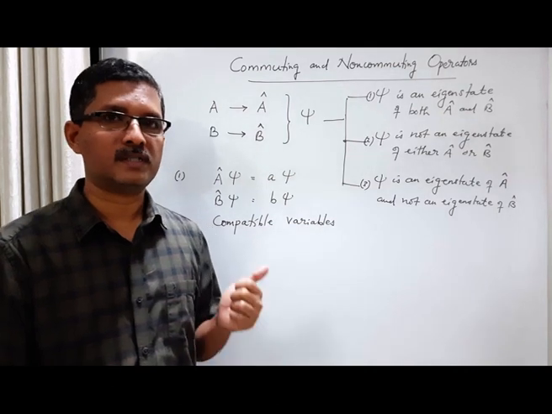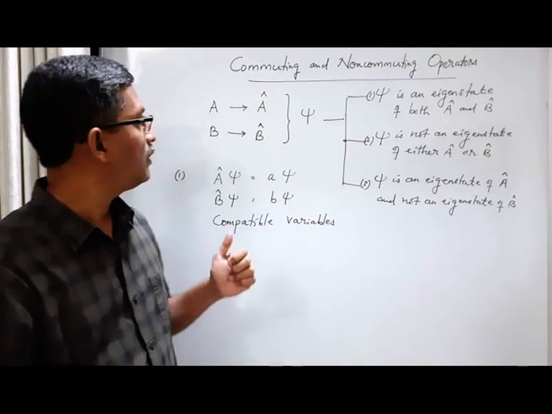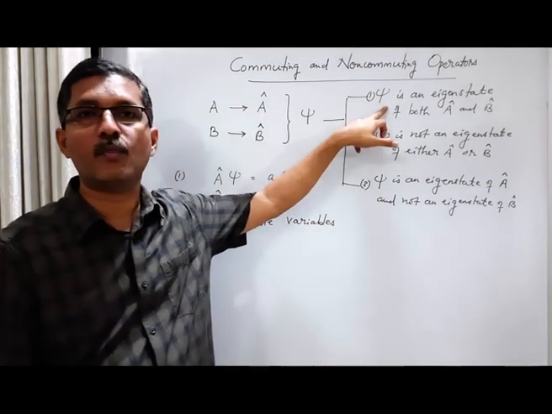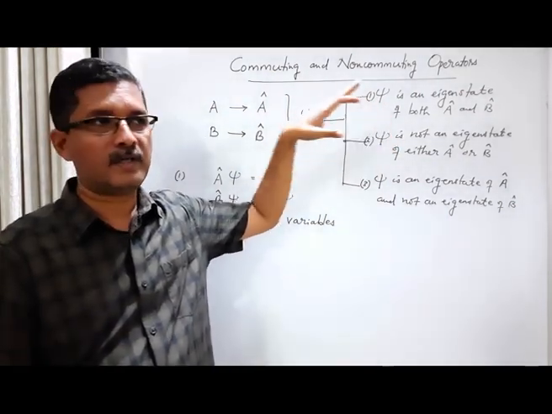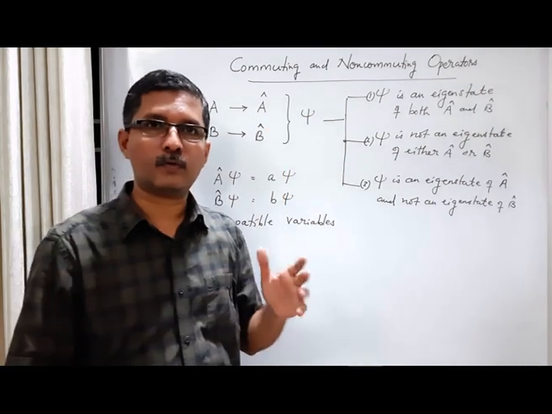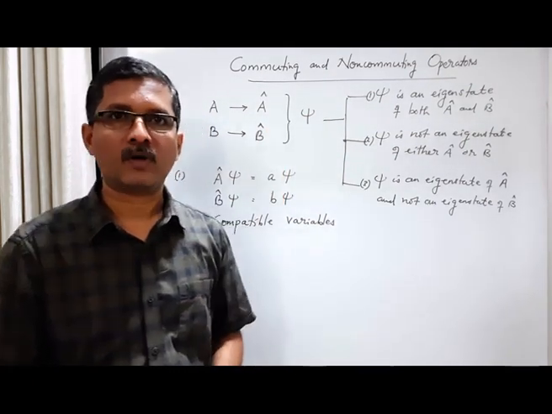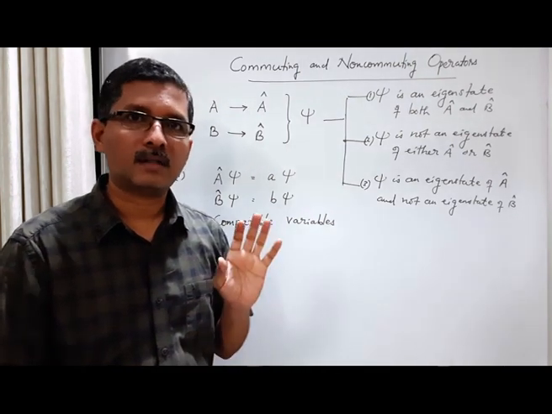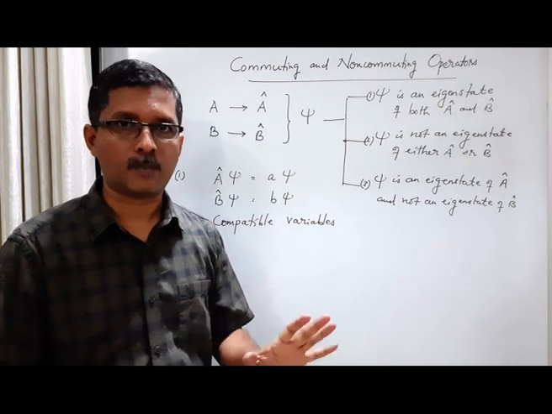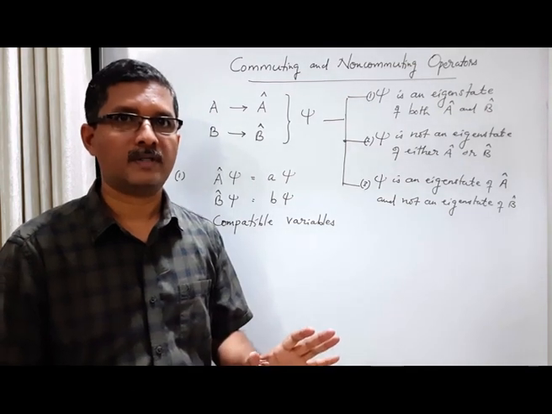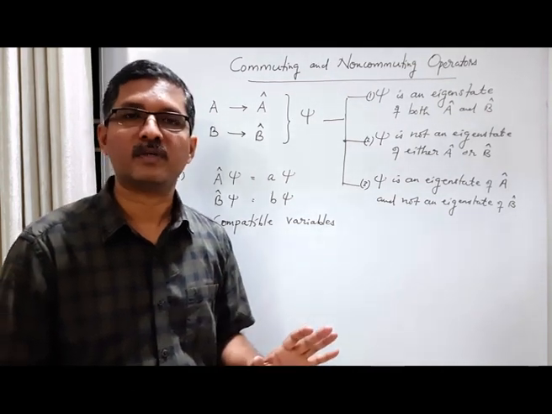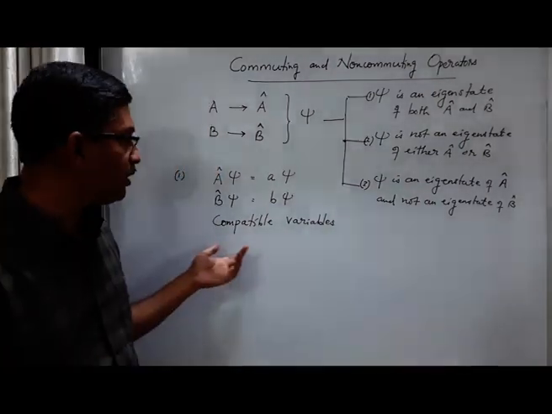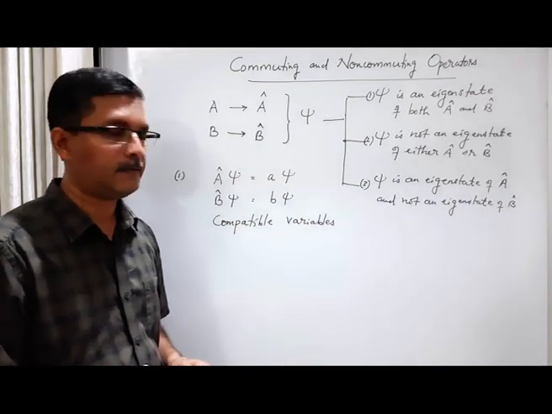And now we know that this is possible only if the state psi is an eigenstate of both A and B. So if a state is a common eigenstate of two operators, then the corresponding physical quantities are both sharp. That means every trial of their measurement gives the same eigenvalue. They are called compatible variables.